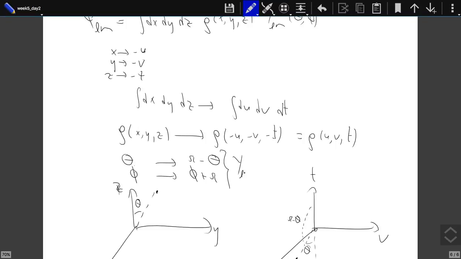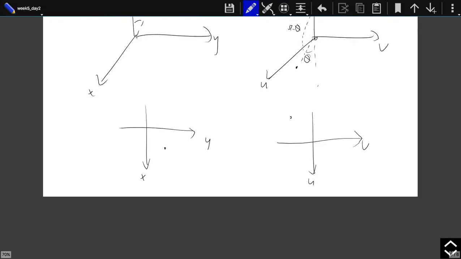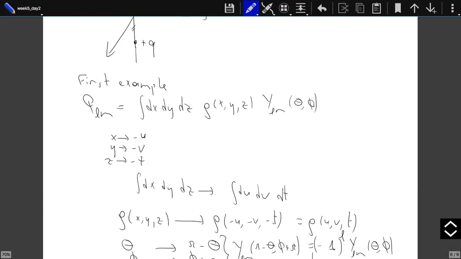But under these conditions, Y_LM of pi minus theta and phi plus pi is equal to minus 1 to the power L, Y_LM of theta and phi. Of course, this new theta and phi are defined in terms of u, v, and t. So what we had, we started with Q_LM.